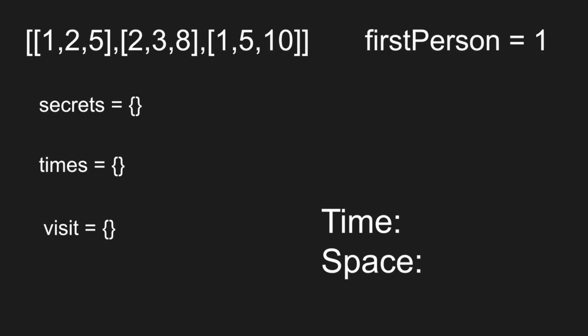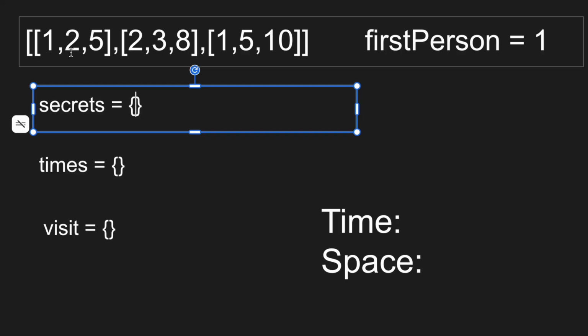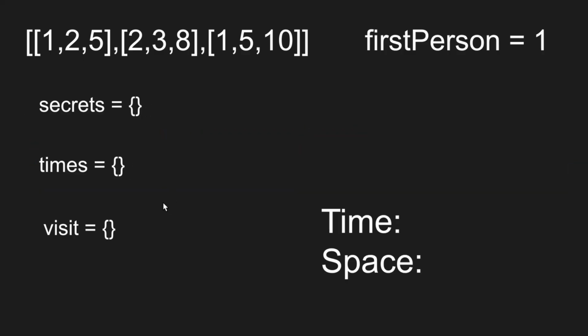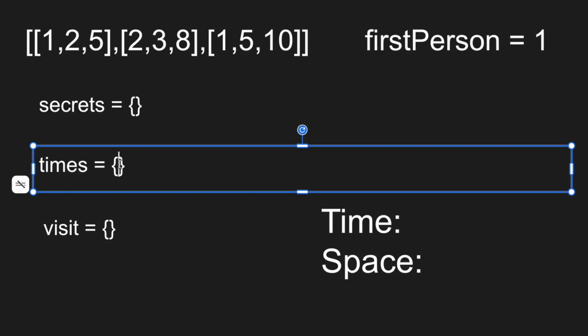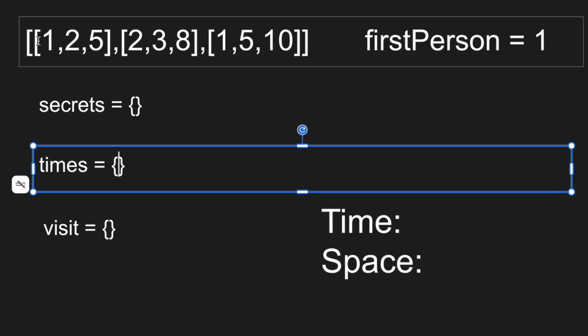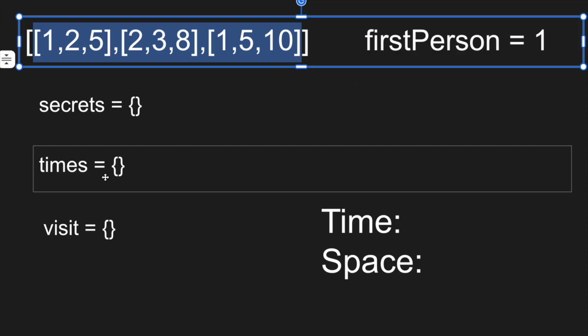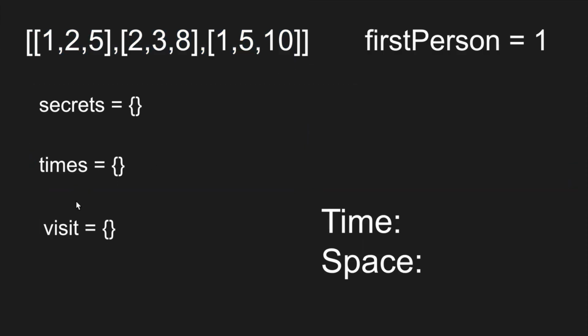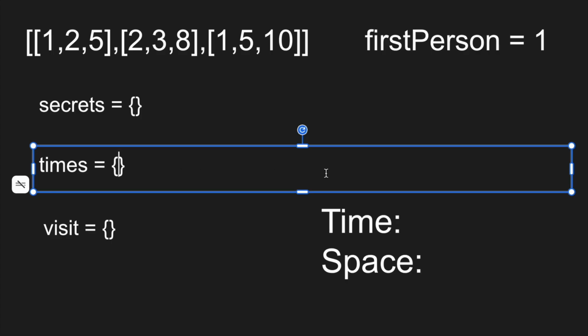We will use a secret set to keep track of all the people that have the secret, and times will be the adjacency list, where the keys will be the time that the meeting occurs, and the values will be the people involved in the meetings. We first have to search through the meetings to set up this times adjacency list, and then we can use depth first search through each event in times.